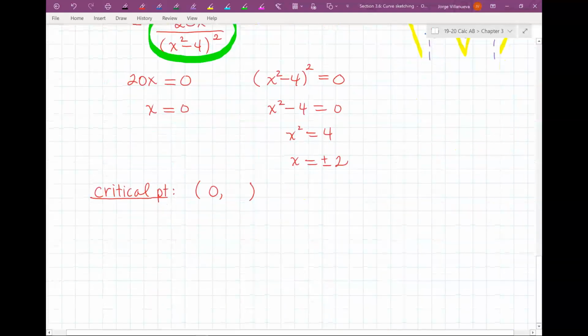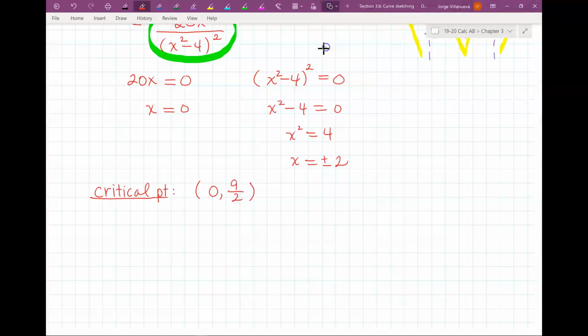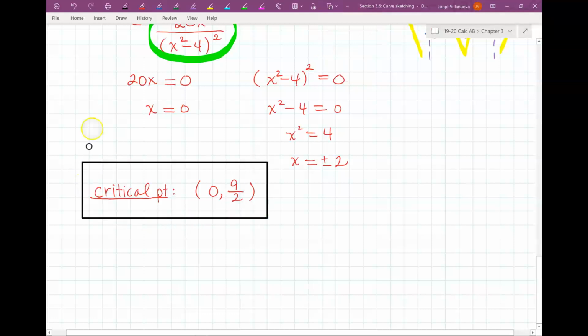For my critical point, it's going to be at 0 comma 9/2. I'm going to put a little box around that because that's an answer that's important for me. So after that, I have one more thing to do before I get to draw. That's the second derivative.